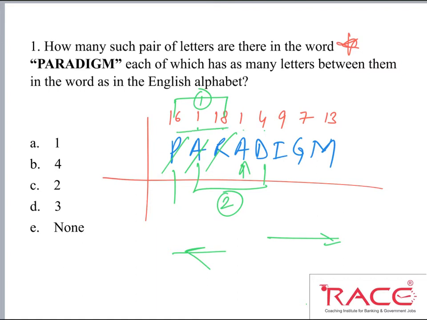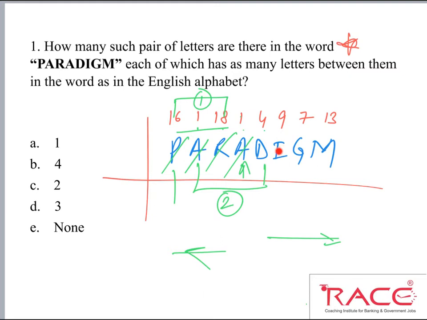In forward direction 1, then 2, 3, 4, 5. There is no match, so no need to count. A is also done. Now from D, in backward direction you can see all the values are very far from 4, no need to count. And in forward direction 4, 5, 6, 7, no match.